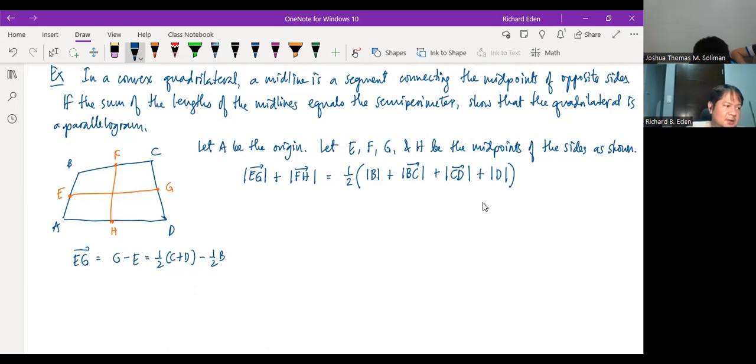And FH on the other hand is H minus F. H is half of D. F is the midpoint of B and C, so half of B plus C.